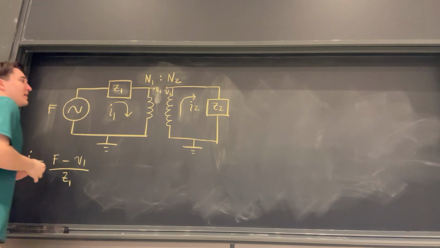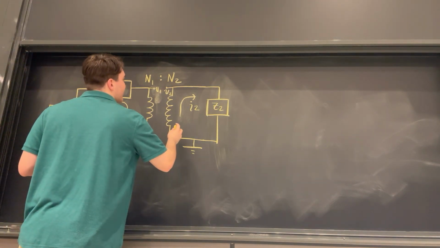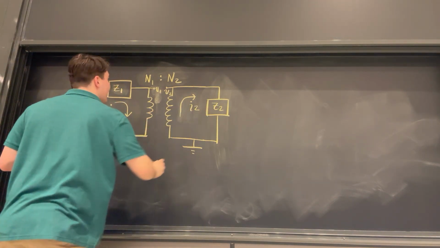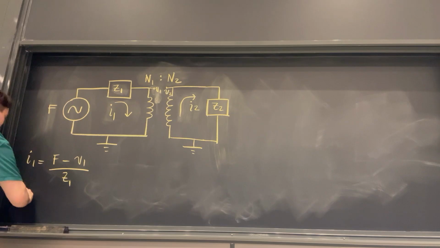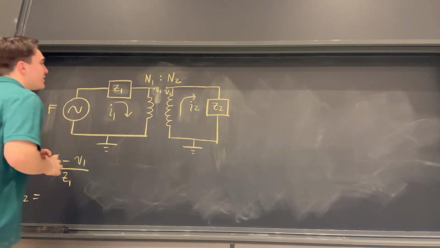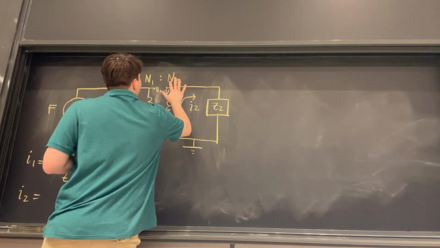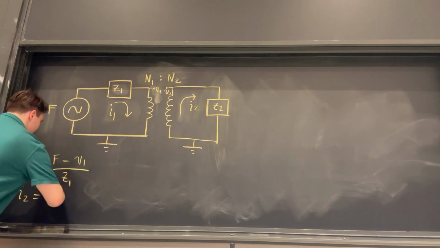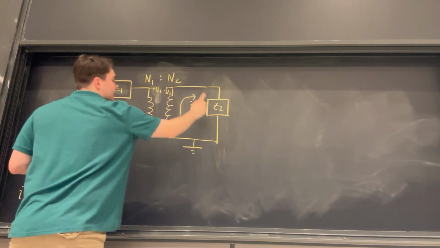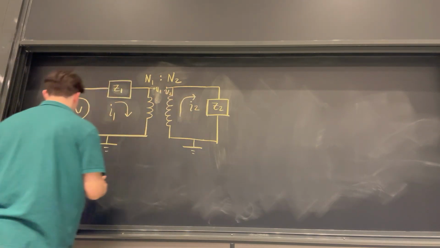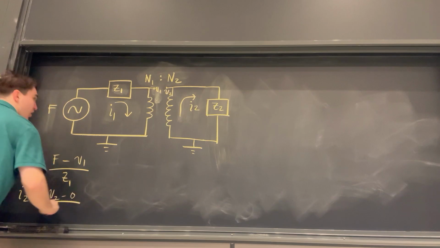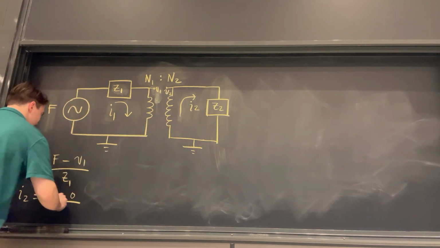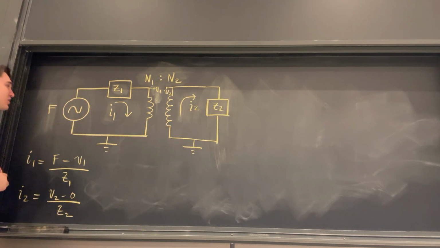And similarly, I know that the current I2 in that second branch of the circuit is going to be the voltage here, which is V2, minus the voltage here, which is grounded, so 0, all over the complex impedance there, which is Z2.